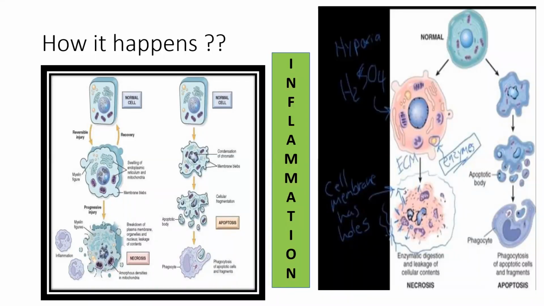Because of this acid, the cell membrane will burst or rupture, and all the parts of the cell come out, and it will not be reversible, and that is called necrosis.